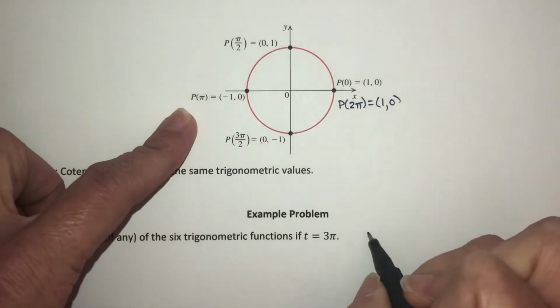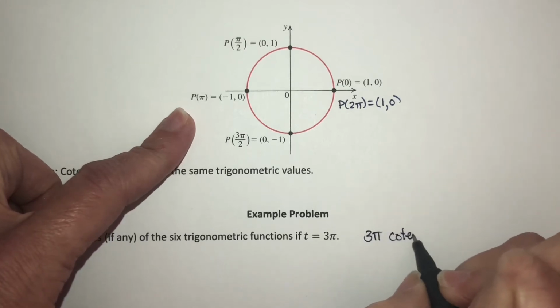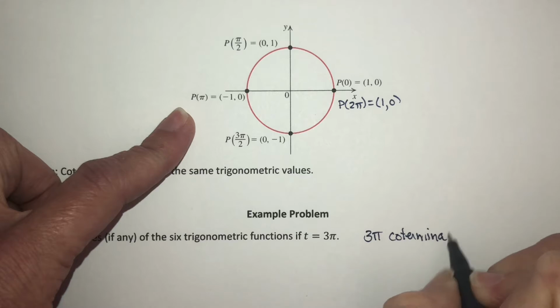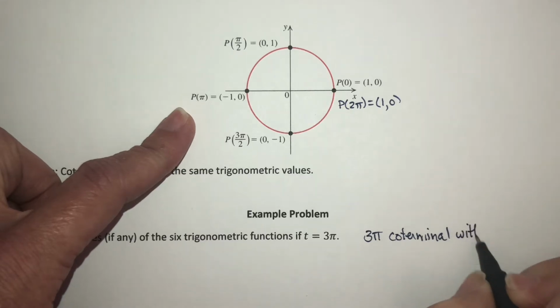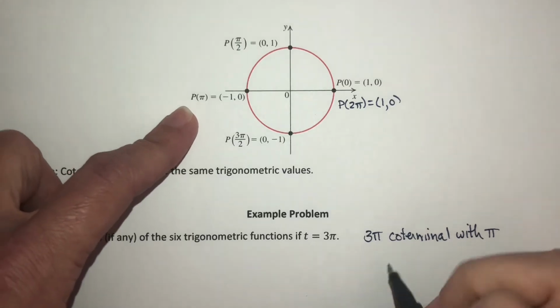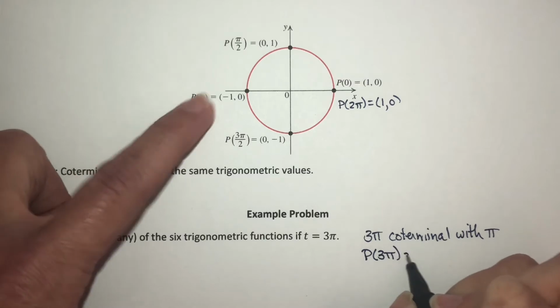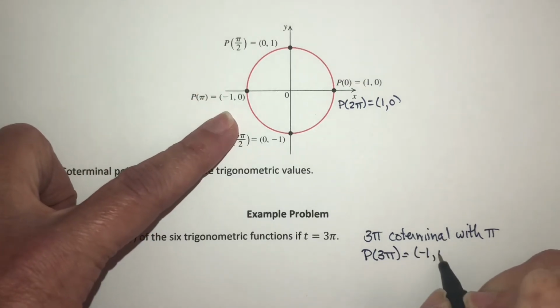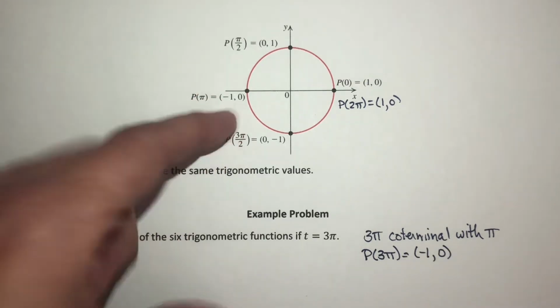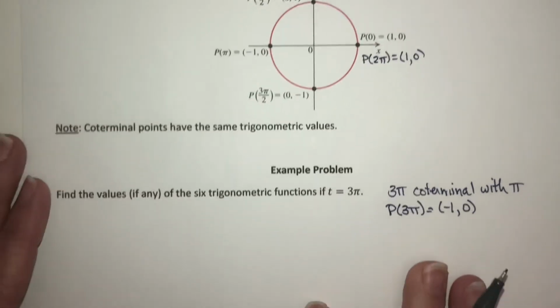So 3 pi is coterminal with pi. That tells me that p of 3 pi is the point -1, 0.